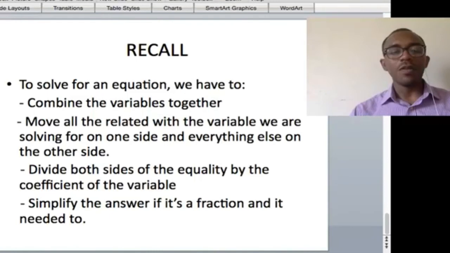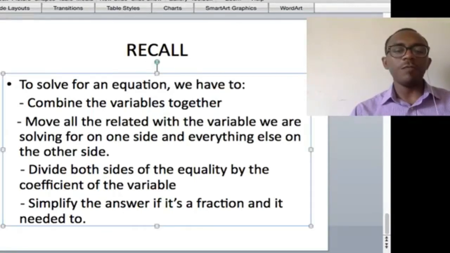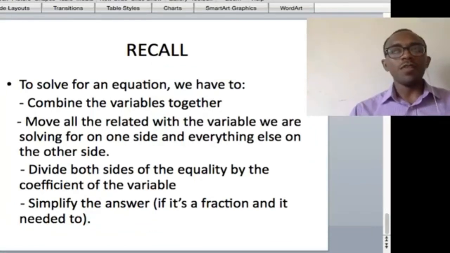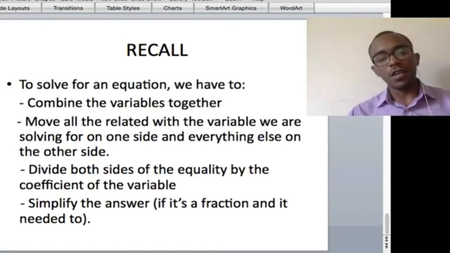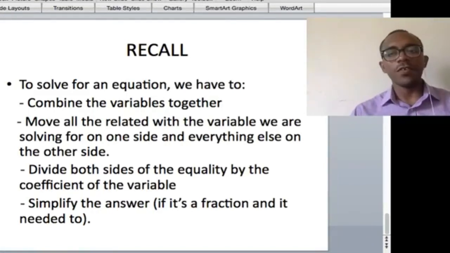Last but not least, simplify the answer, and if it's a fraction and it needs to be, simplify it. So everything you see over there, if it's a fraction, it's just a little detail in case you have a fraction and you need it simplified. Mostly simplification applies to fractions. If you don't have a fraction, there's nothing to simplify.